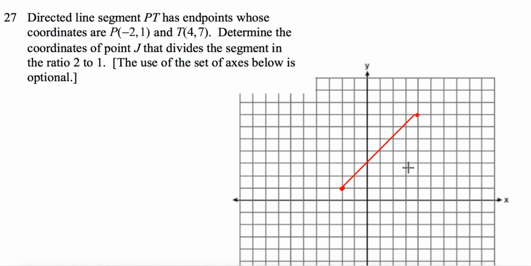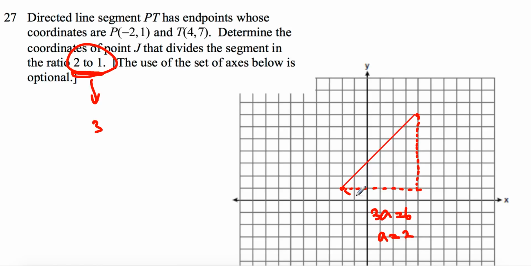Now, notice that the ratio between those two is a 2 to 1 ratio. That means when I try to figure out the changes of x and changes of y, it has to be in a total of 3 portions. So I can say this can be 3a, but the total length is 2, 4, 6. So 3a is equal to 6. That means a must be equal to 2. So each portion is 2 coming from P.